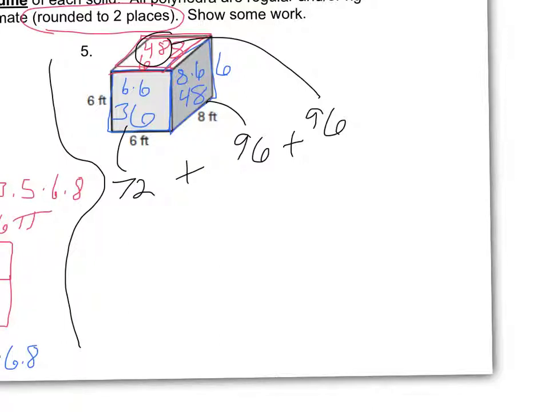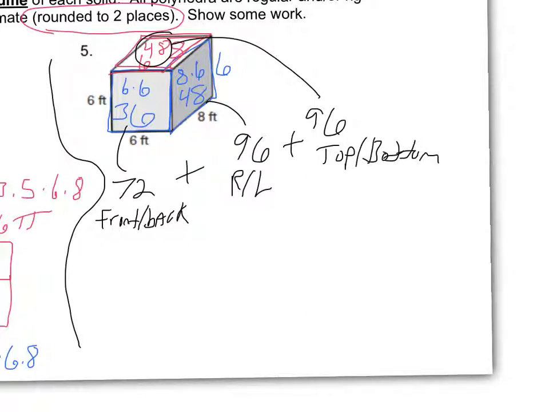But the directions say show some work, and I certainly have, and I think anyone looking at this would figure out what I did for these. Maybe I will go in and just kind of label this front, back, right, left, top, bottom. And so add all of those up, 72 plus 96 plus 96, and we get 264.